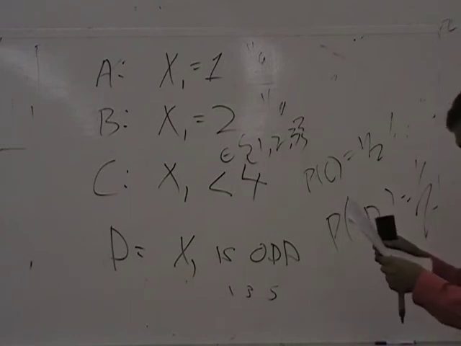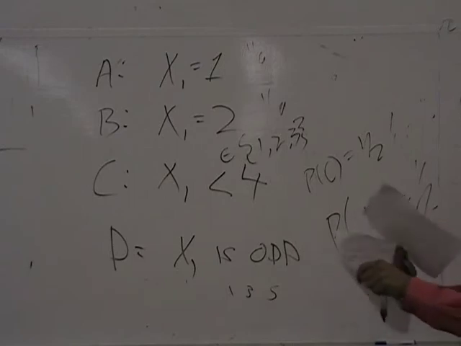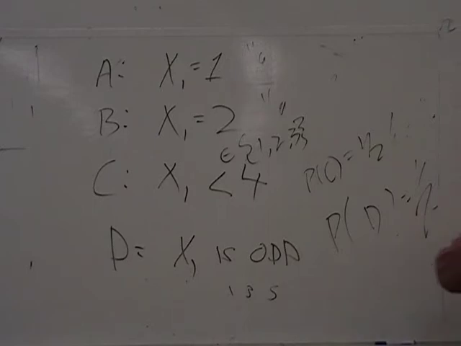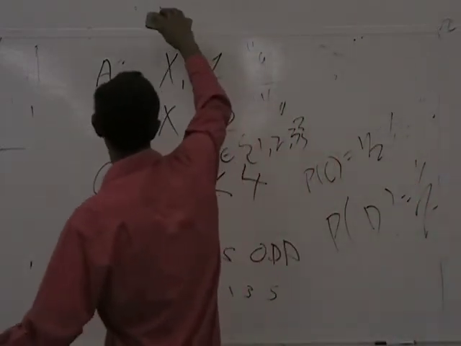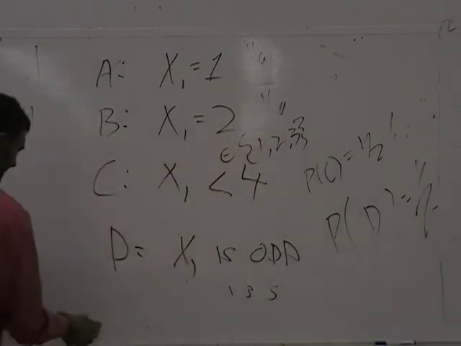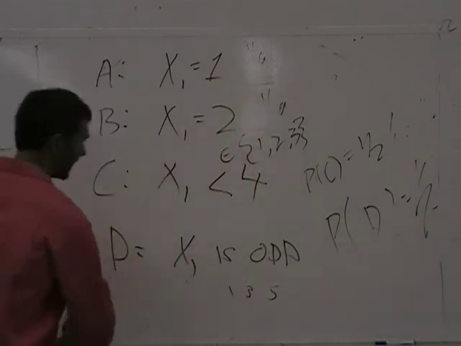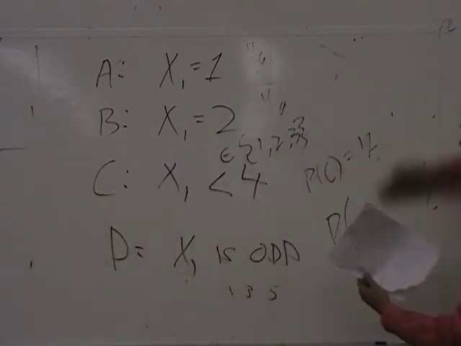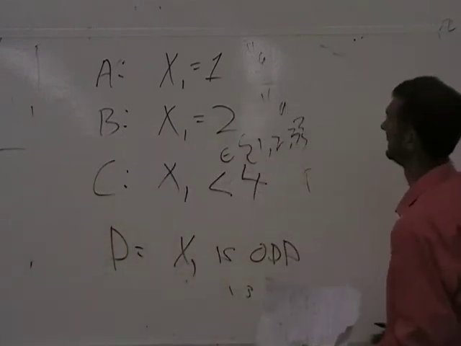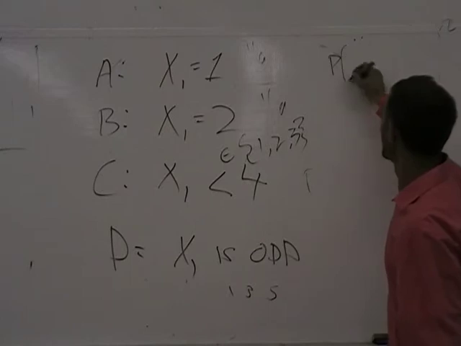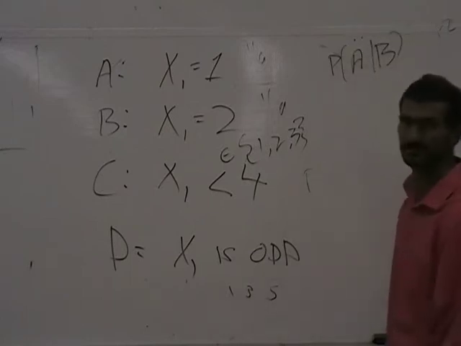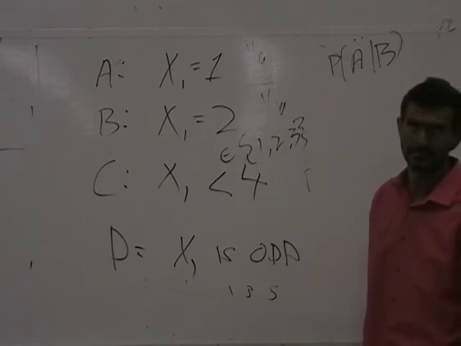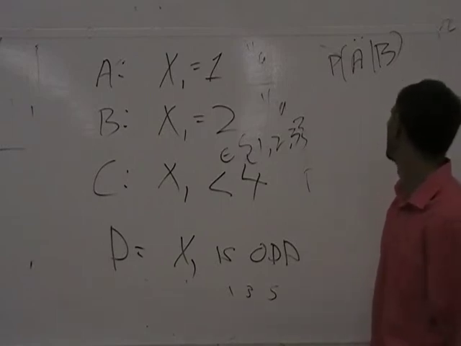So then what do I do with that? One would think that I did some conditional probability stuff. Like, this is impossible: the probability of A given B. What does that mean?